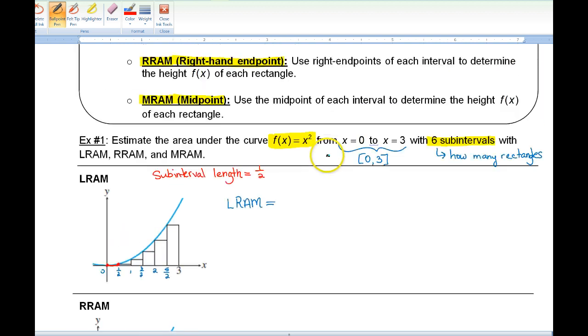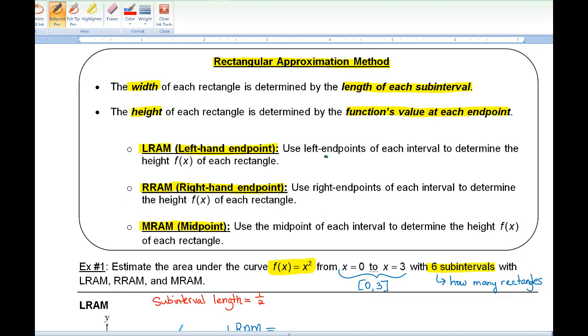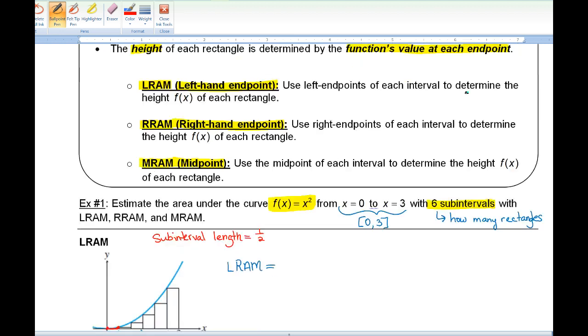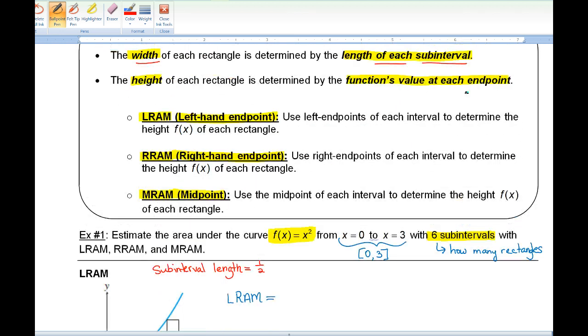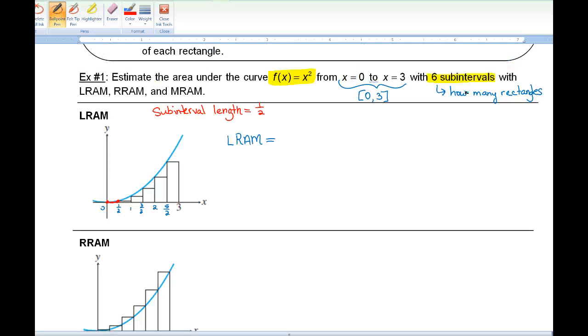Now, above, we just said the width is the length of each subinterval, and the height is going to be determined by the function's value at each endpoint. So if we think base times height, I'm going to think of the 1/2 as my base.